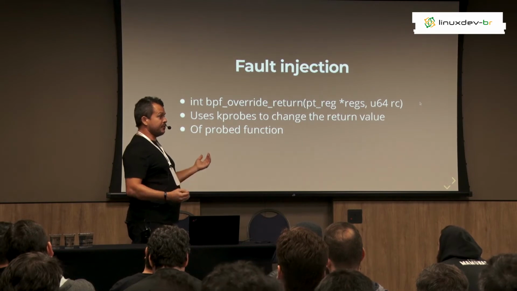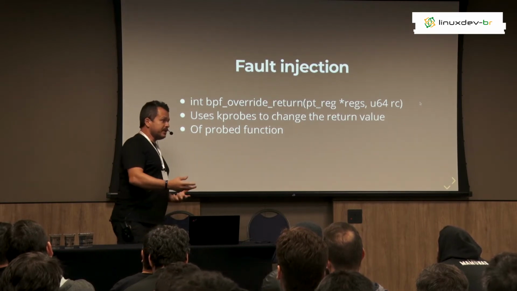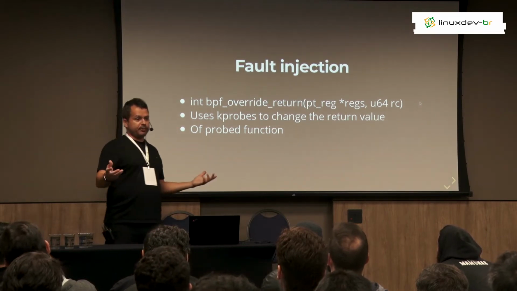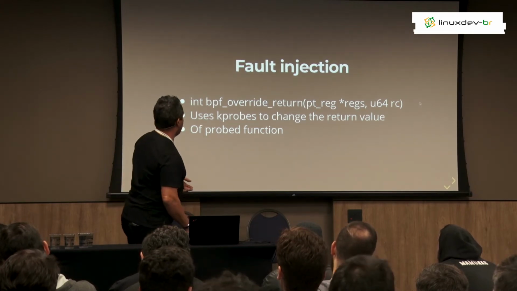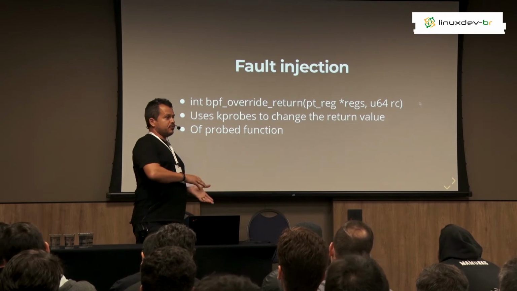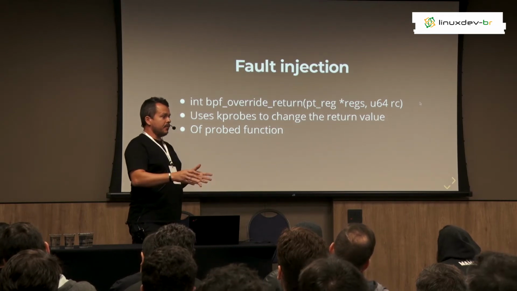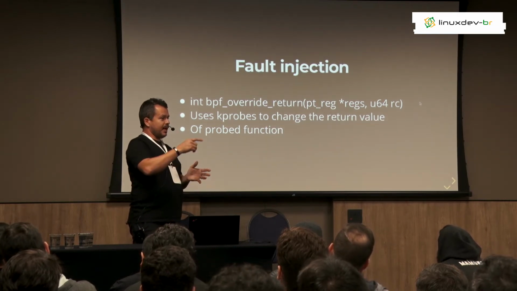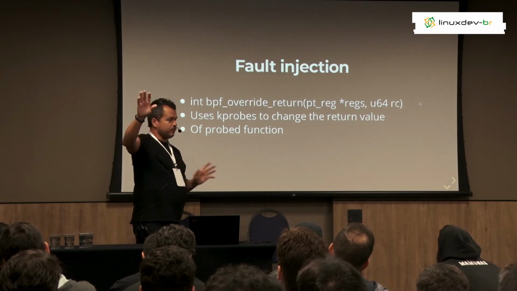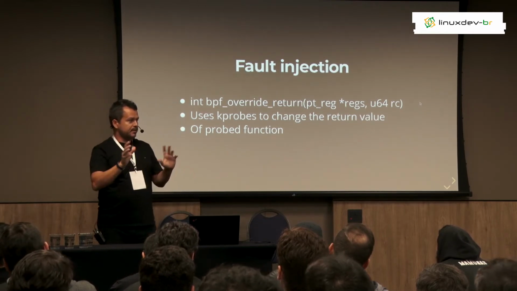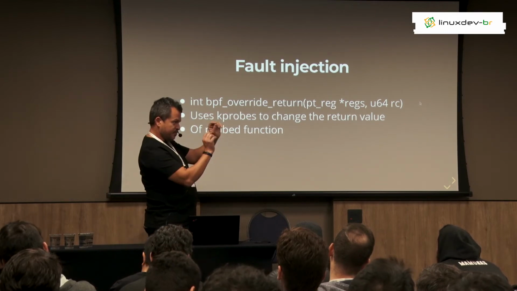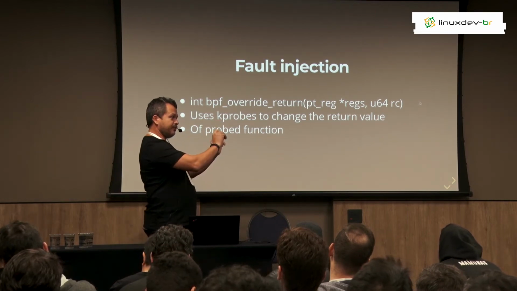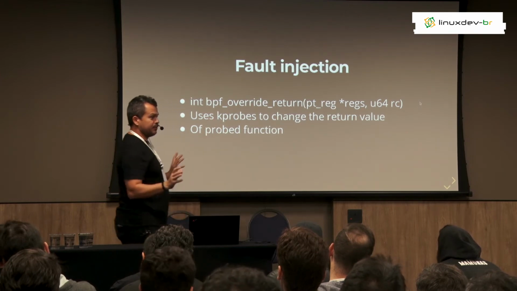So, for instance, you could inject failure randomly just to try your software, to see if your software is handling it when something goes wrong. Or you could use this to say, I want to run Chrome, but I don't want Chrome to be accessing anything in my directory. This kind of thing, you can use a small BPF program to do something that before was kind of difficult to achieve.